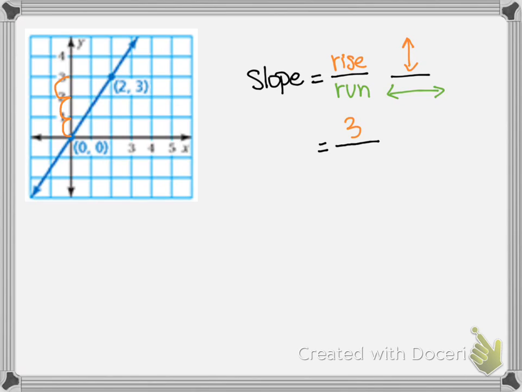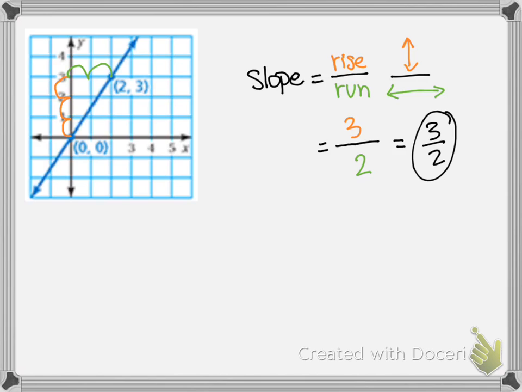So my rise number is 3. Now I'm going to move across and see how many hops it takes me to get over to my second point. 1, 2, and that took me 2 hops. So this will give me a slope of 3/2. I can't simplify that, so that is pretty good.